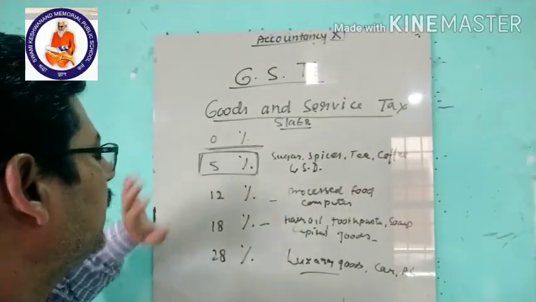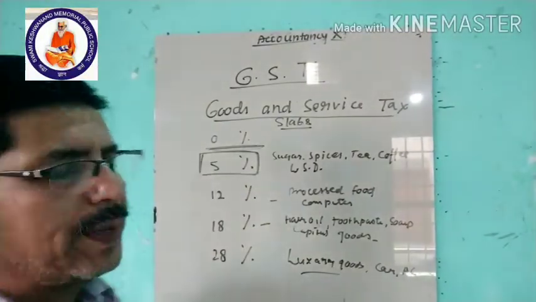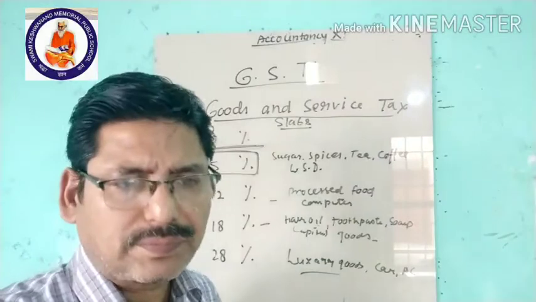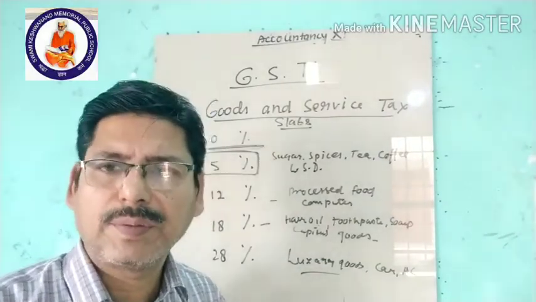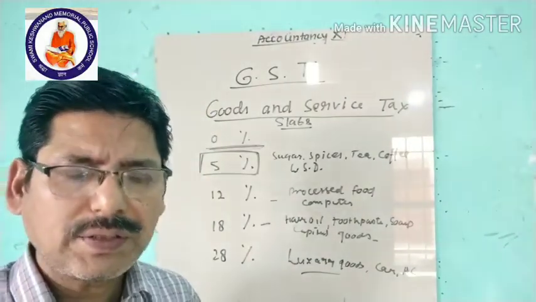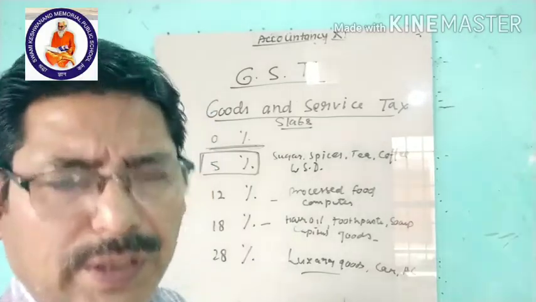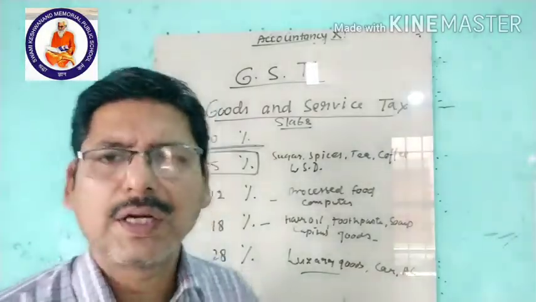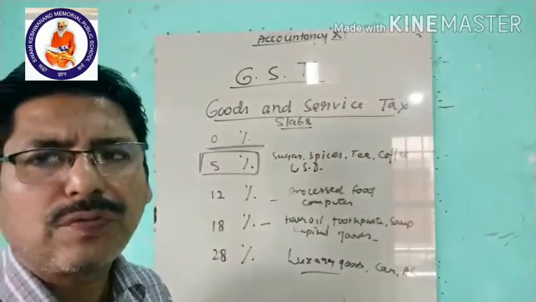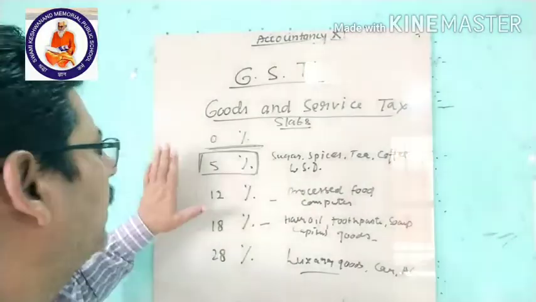And the 5% category is for goods used by the low income group.